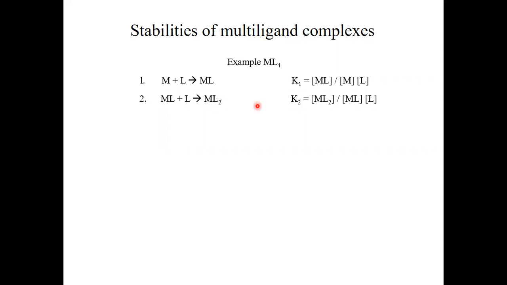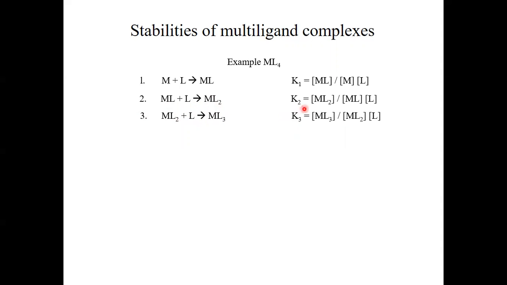So we can now add another ligand to this complex here. So this would add a third ligand, according to this reaction equation here: ML2 plus L gives ML3.